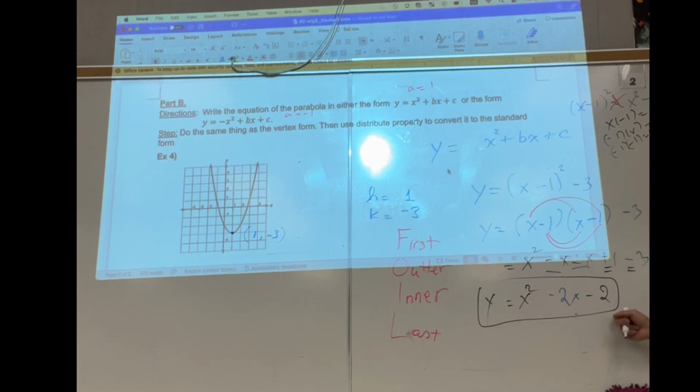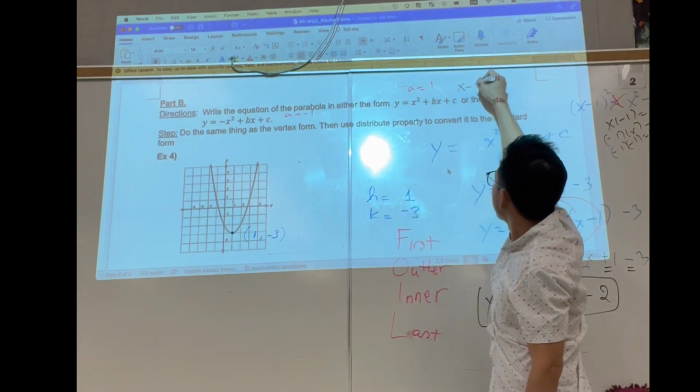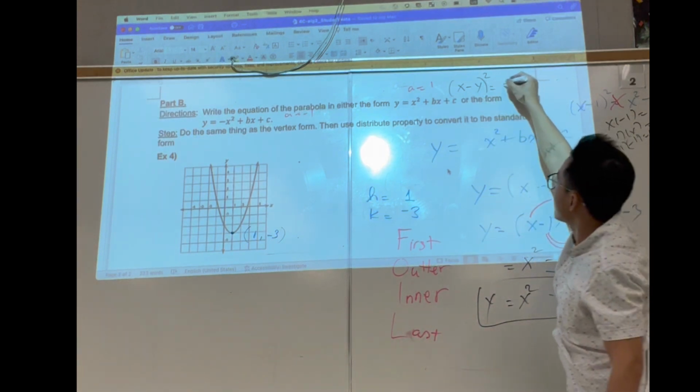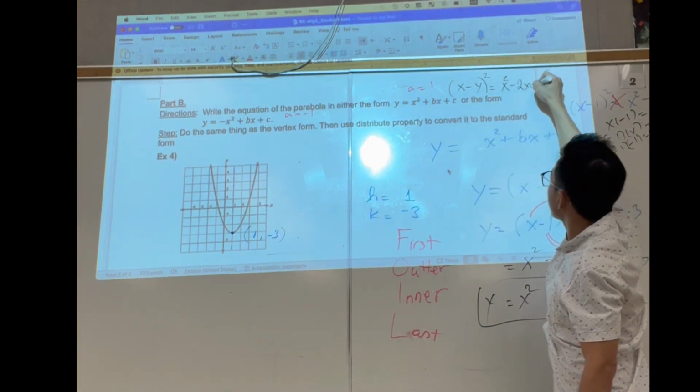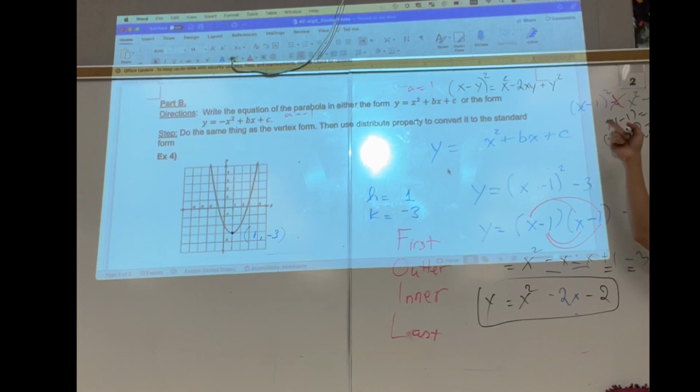Are we good? Later on, we're going to learn this. I'll just tell you if you're curious. (x minus y) squared is equal to x squared minus 2xy plus y squared. We're going to learn this formula. Ruby, you remember this? Alan, remember this?